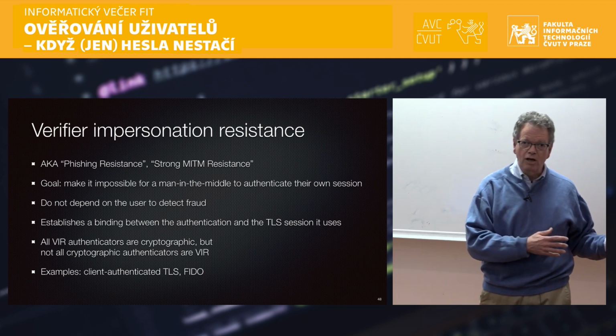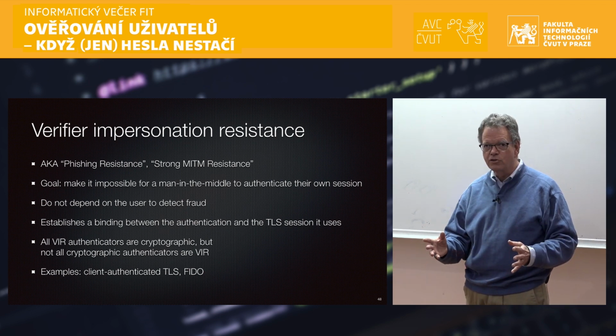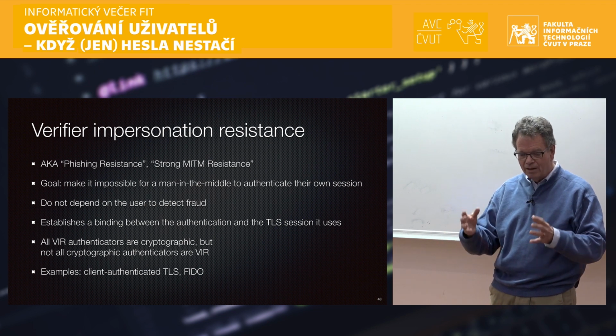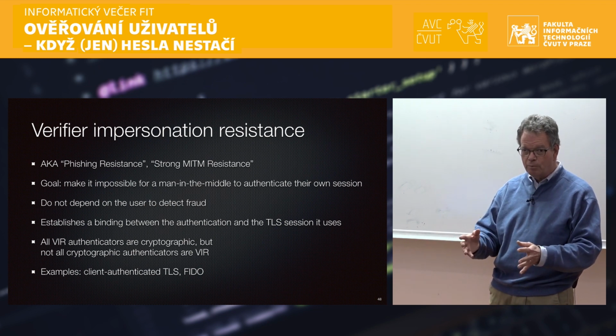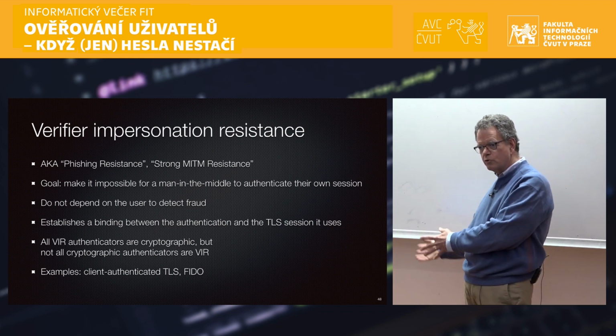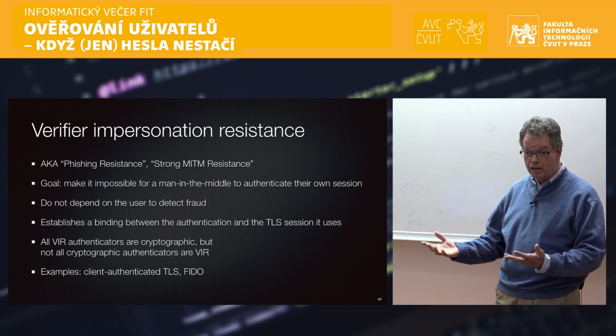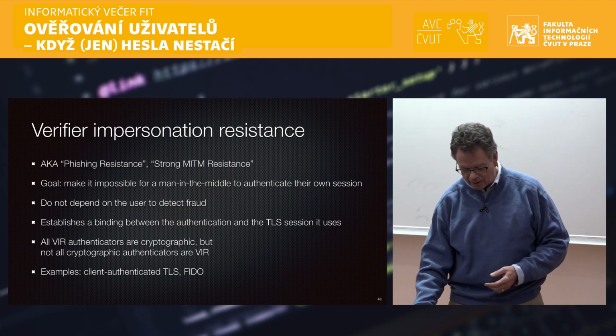Say I'm trying to log into my bank. I'll log into the wrong website that I think is my bank. The attacker, who operates that website, then uses those credentials to log in for themselves and access my bank account.